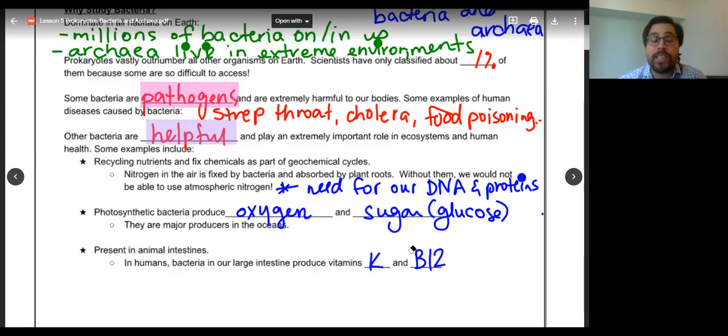Without this bacteria inside of our large intestine, we would never be able to access these vitamins. As a result, you could eventually die from a deficiency in vitamin K and B12. So it's important to recognize just how important it is to have access to that.